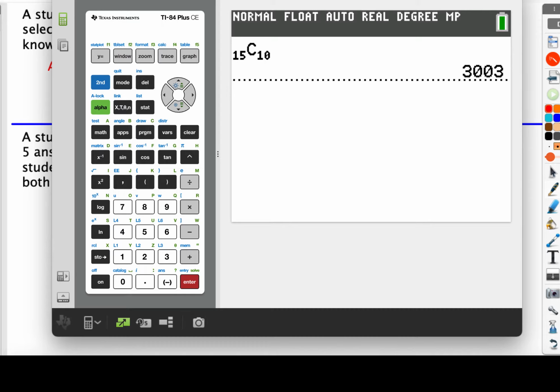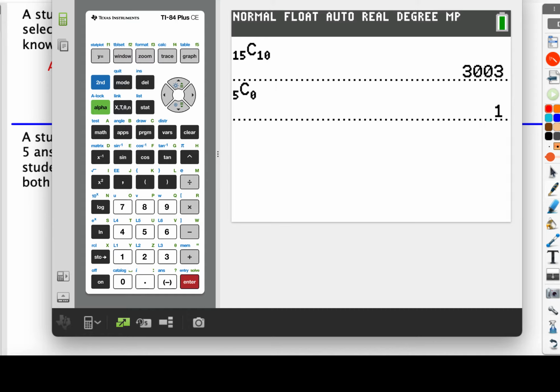I know that 5 choose 0 should be 1. And again, you can always figure that out. 5 choose 0 should come out to 1. So 3003 times 1 is just going to be 3003.